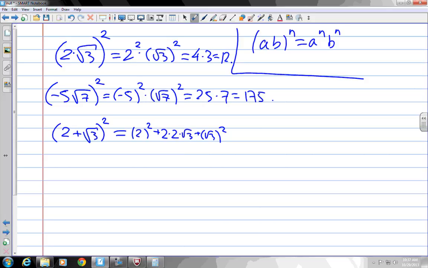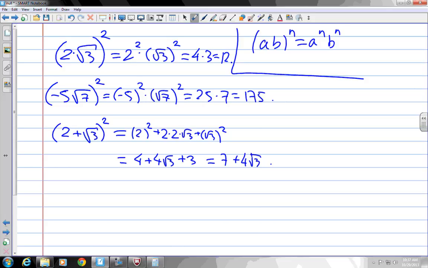So that formula still holds because I'm squaring a sum. Every time you're squaring a sum, doesn't matter what the sum is, that thing shows up. So 4 plus 4 square roots of 3 plus 3, if I actually compute that. And now the rest is just combining like terms. I have 4 plus 3, so that's 7 plus 4 square roots of 3.